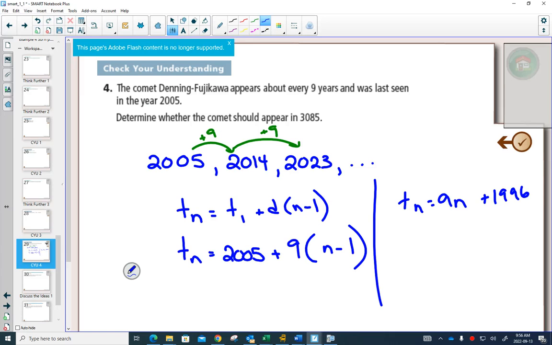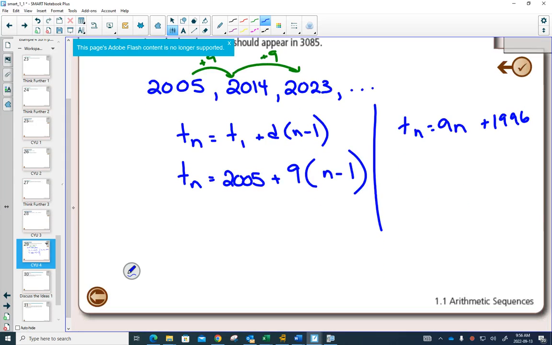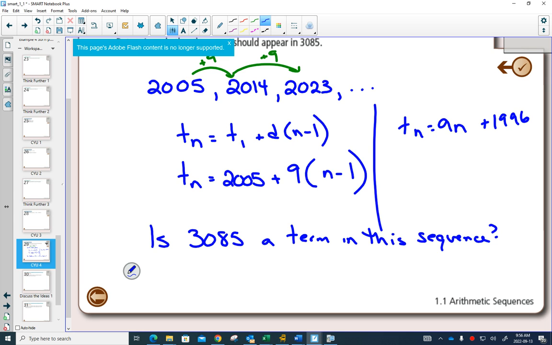And when it asks, is there a comet that appears in 3085? We are really asking, is 3085 a term in this sequence? That's our question.